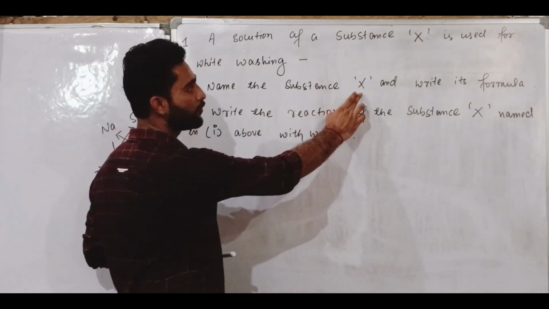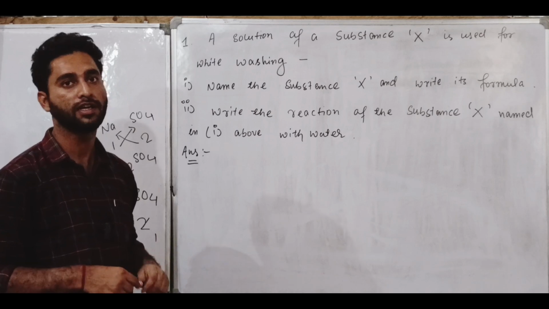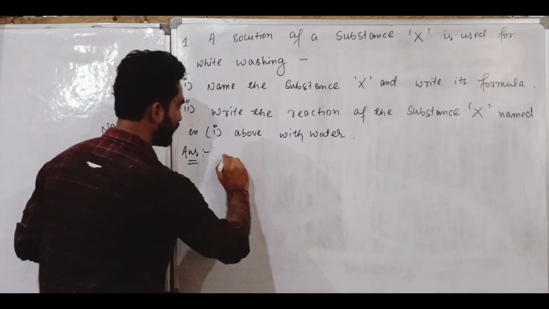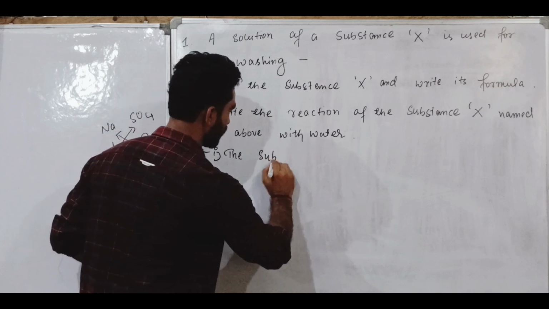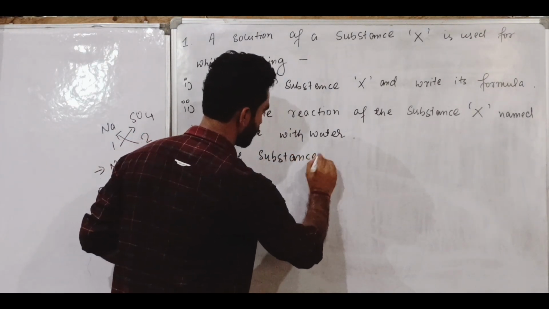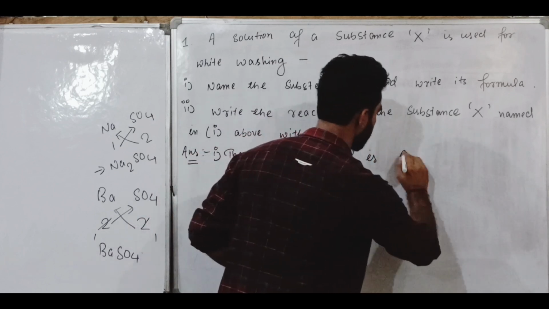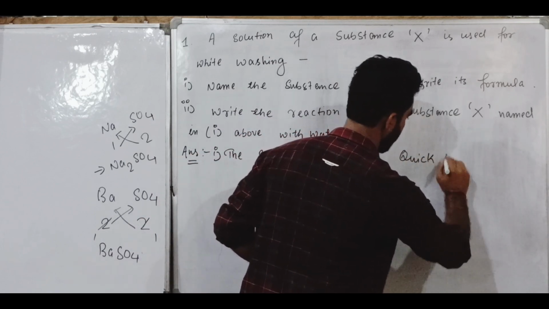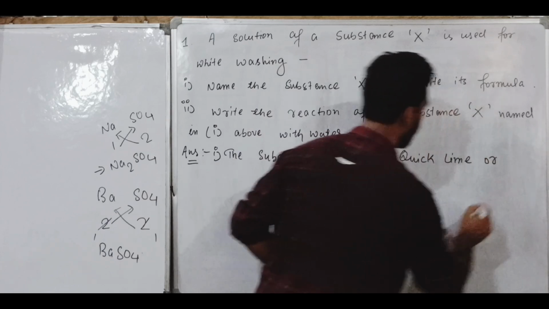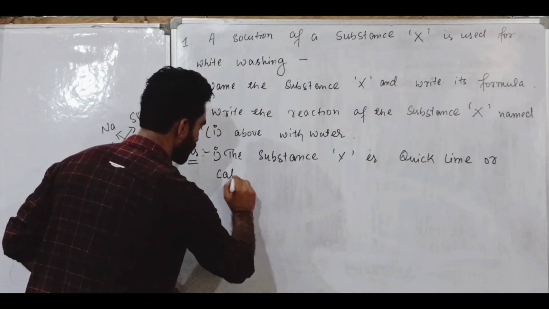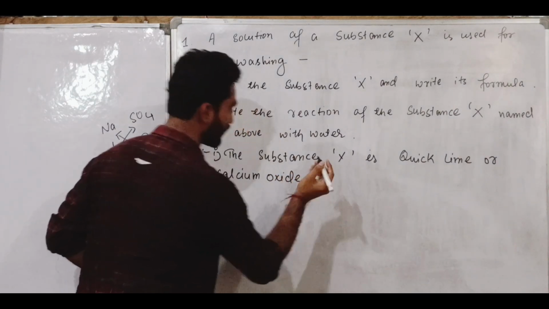Now, the substance which is used for whitewashing is called quicklime, or it is also called calcium oxide. The first question, the substance X is quicklime, or it is called calcium oxide.